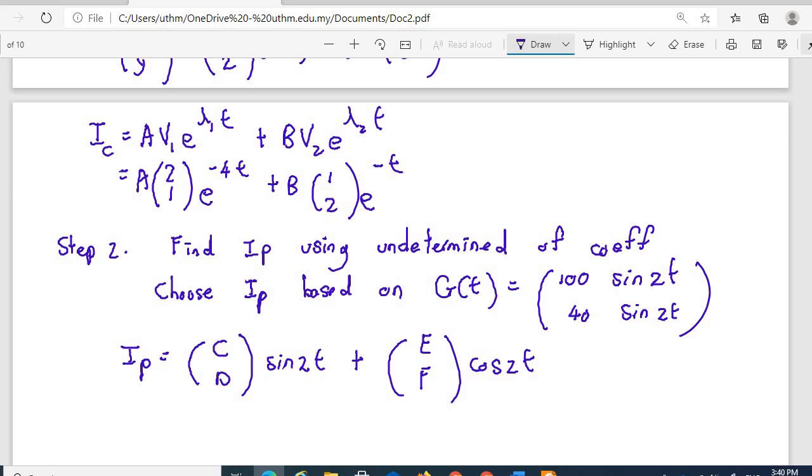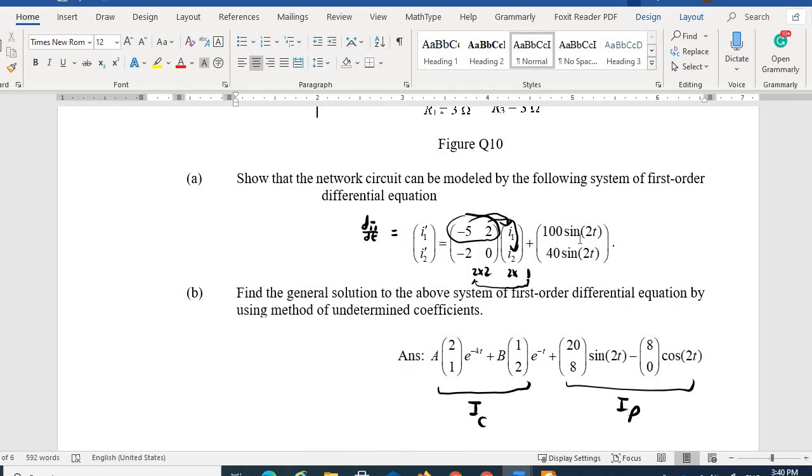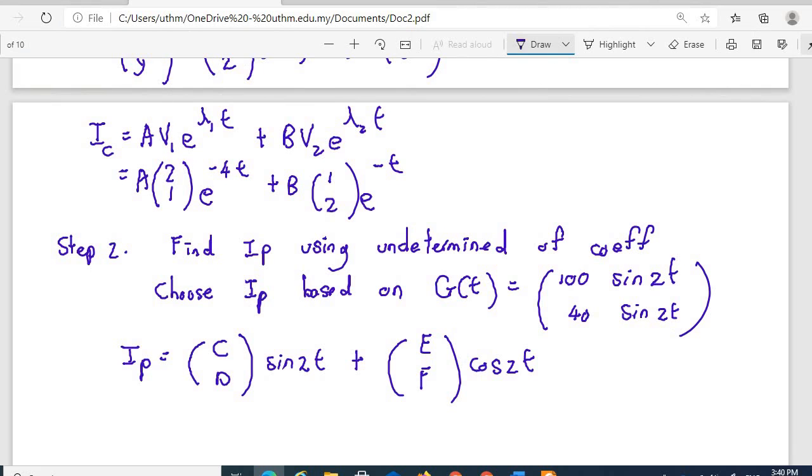Okay. We choose IP based on GT. In your second order non-homogeneous equation, you choose the IP based on the right hand side function, the f(x) or f(t). After you choose the IP, you have to check whether the IP clashes with your IC. So in this case, is it a clash?